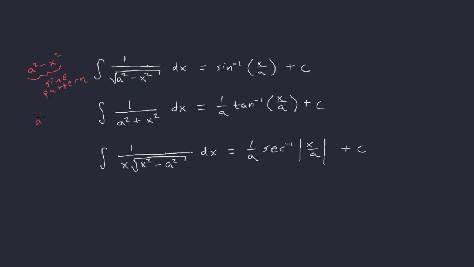A squared plus x squared, of course, that is a tangent pattern. Now, if it's underneath a fraction, then it's specifically tan inverse. And then if you ever see an x squared minus a squared, that is a secant pattern.